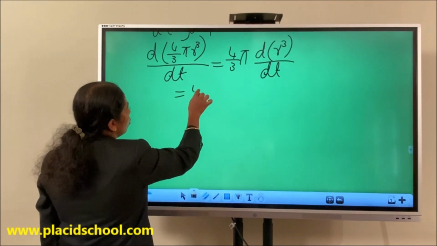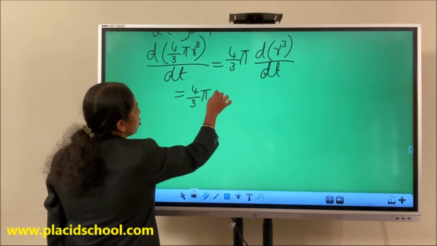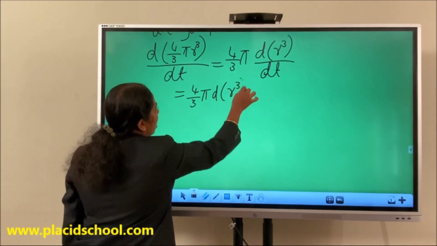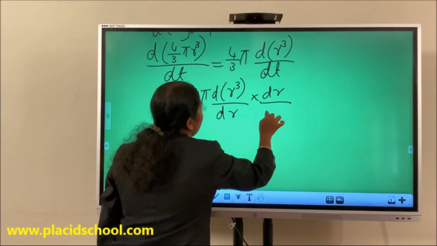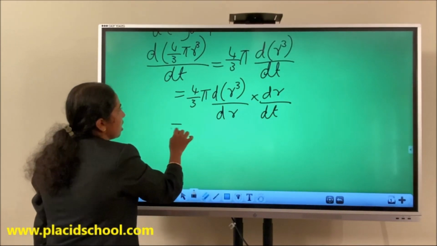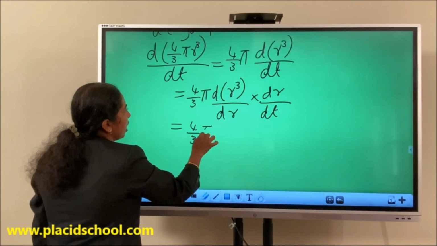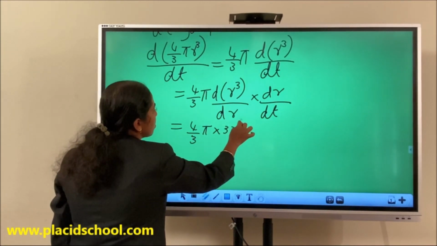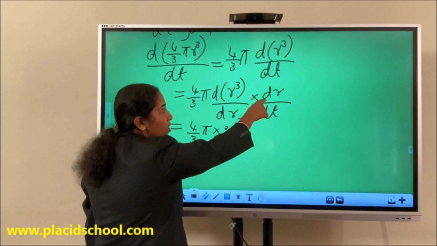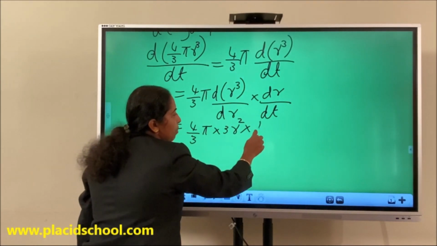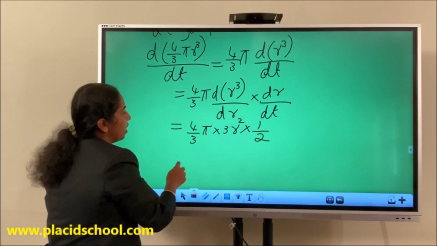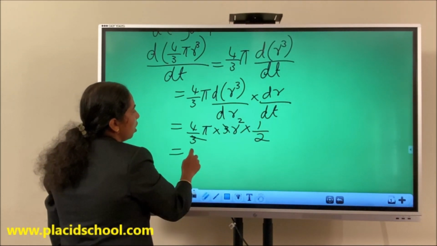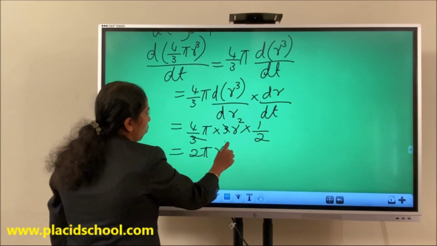So this is equal to 4 by 3 pi into dr cube by dr into dr by dt. This is equal to 4 by 3 pi into 3r square into, we are given that the rate of change of radius with respect to time is 1 by 2 centimeter per second. So instead of dr by dt, I can substitute that. This is equal to 2 pi r square.